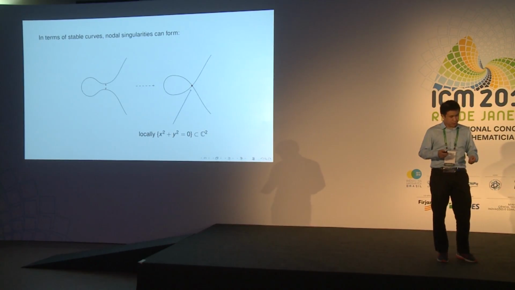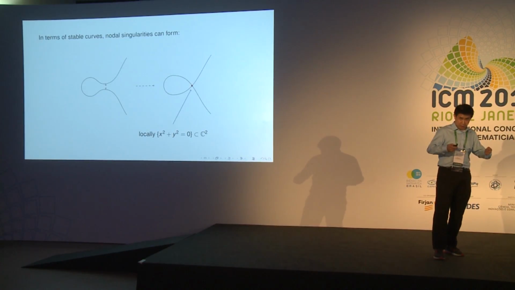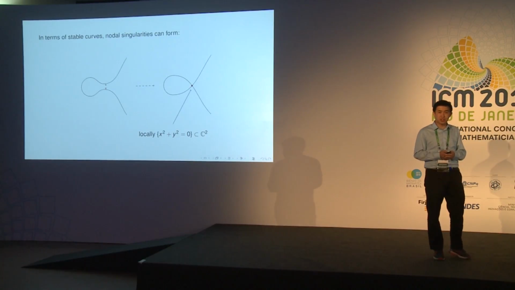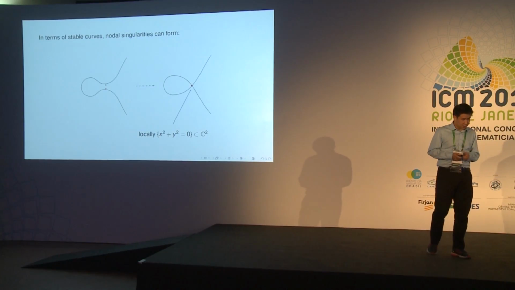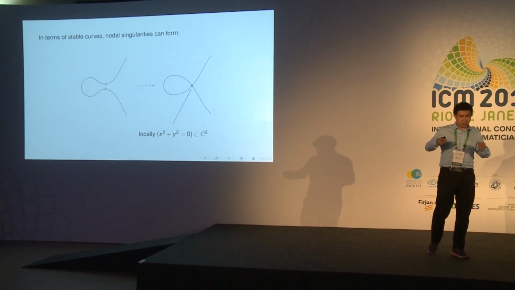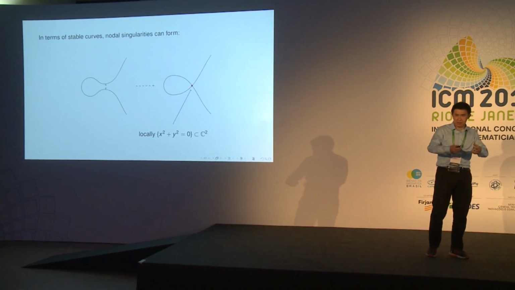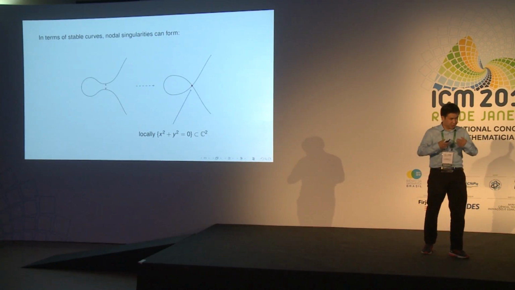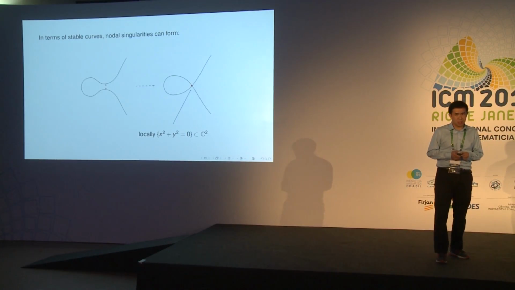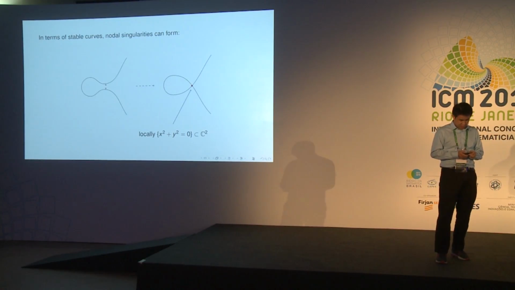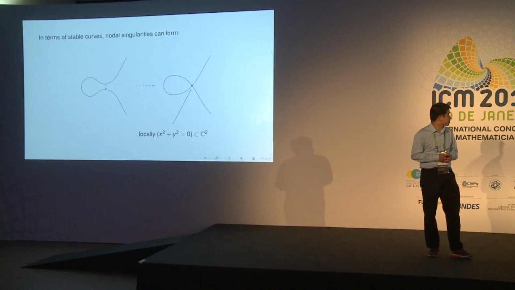Sometimes if you use the metric degenerations, you do not really see these singularities. But you can think of the singularity as related to the fact that at infinity, these complete hyperbolic metrics have the standard cusp end.